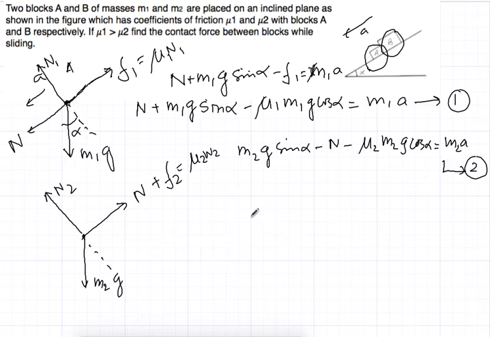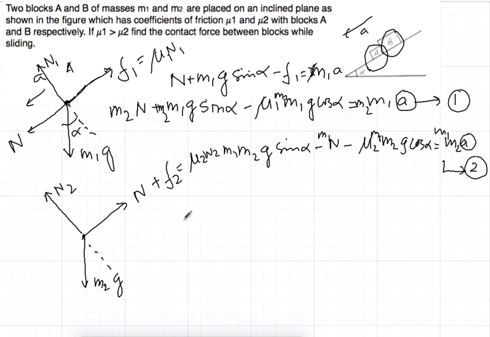Now we have to solve it. We have to eliminate a. There are various ways, but the best way is to multiply the first equation by m2 and the second by m1, and subtract, so the m1 m2 a terms cancel out.